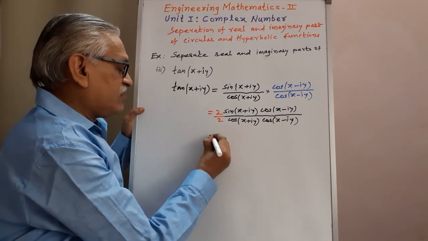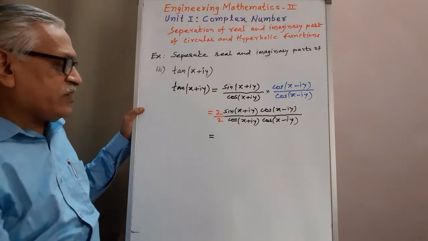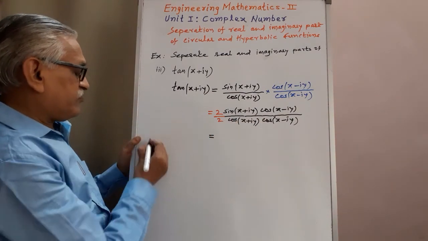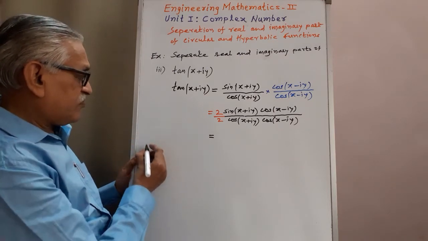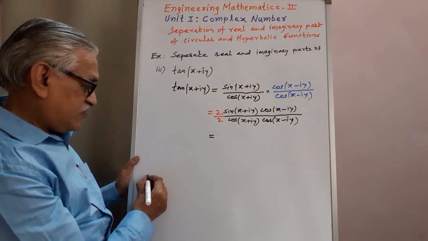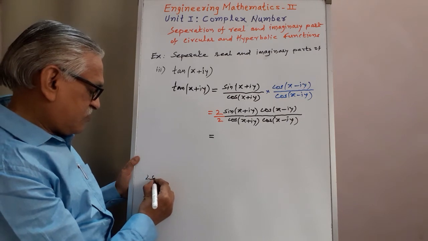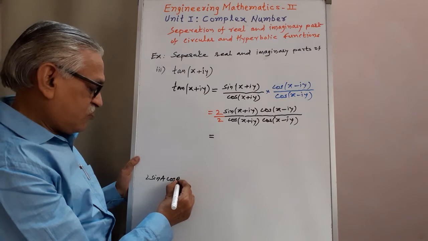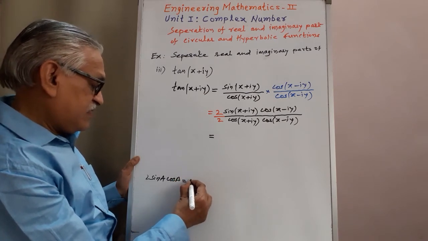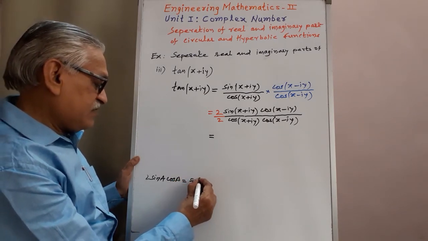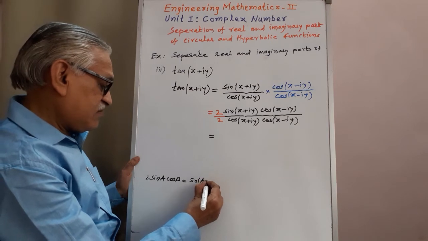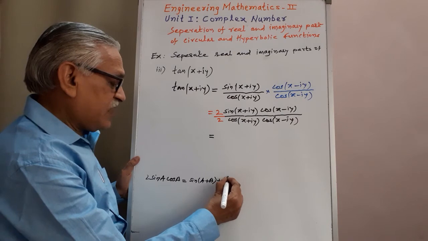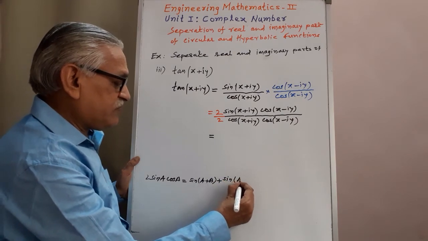And then applying the standard trigonometric formulas, we know that 2 sin a cos b is sin of a plus b plus sin of a minus b.